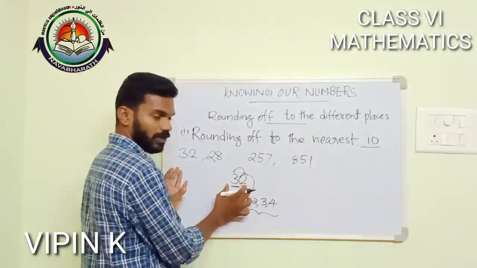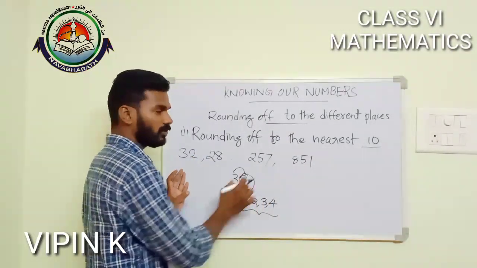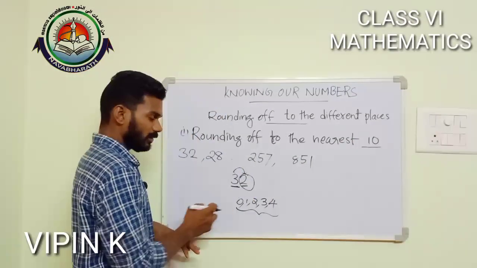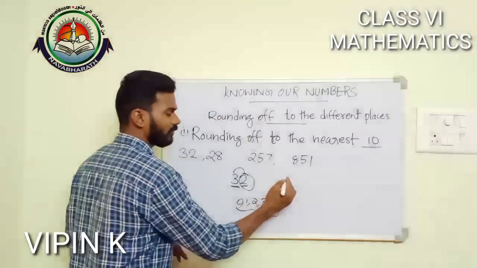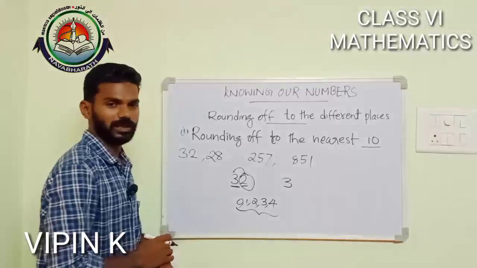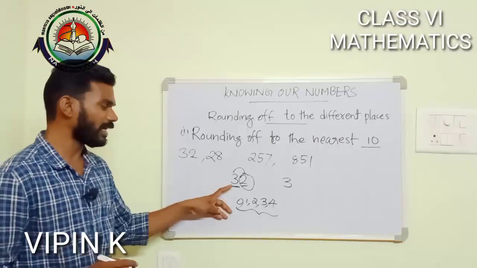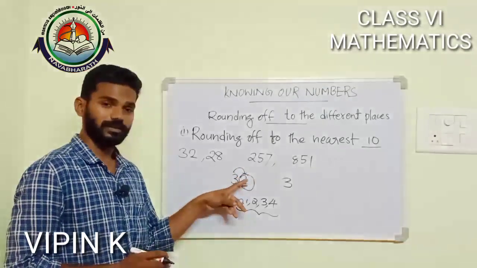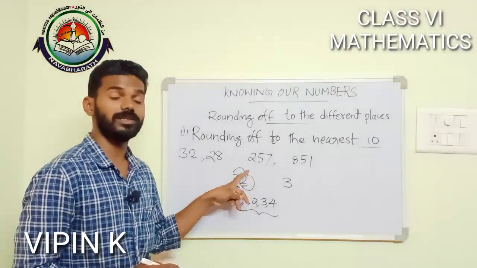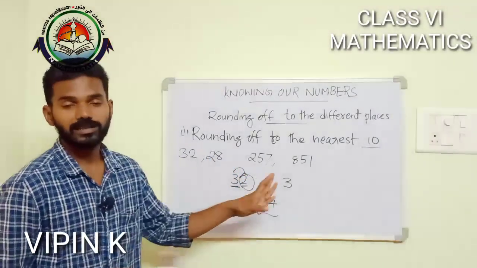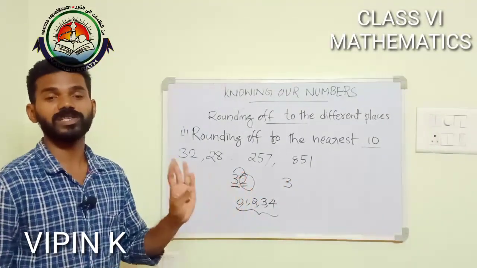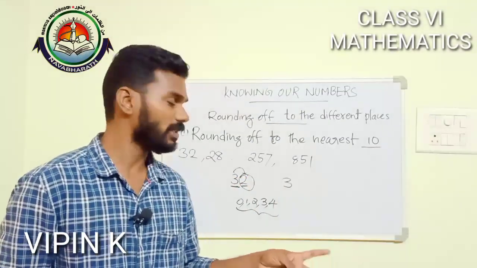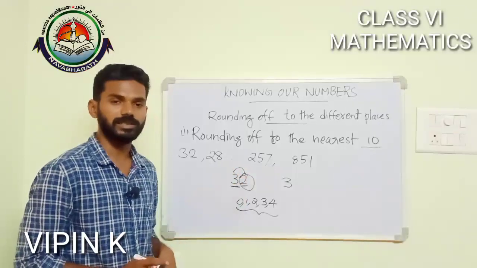So while we round off this 32 to the nearest 10, there would not be any change for this digit 3. And who decides the change for this digit? The next digit decides the change. Whether there needs a change or not is decided by the next digit.